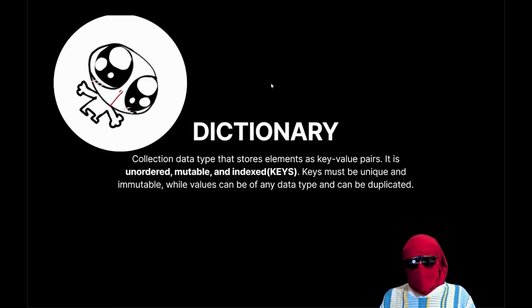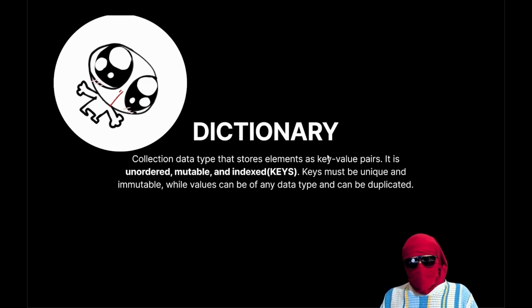So what are dictionaries? Dictionaries are a data type with key value pairs. So there is a key and a value associated with it. The keys must be unique and it is unordered, so there is no indexing, but it's not completely unindexed.